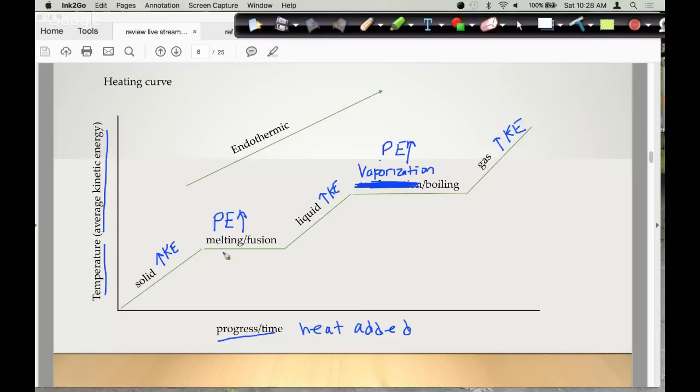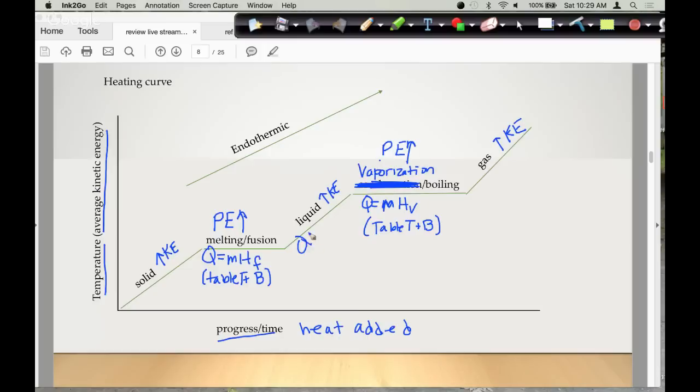Now, when we have melting or fusion, we would use the formula Q equals mHf, which we would use table T and B together for that. When we have boiling or vaporization, we would use Q equals mHv. And again, it's tables T and B that give us the information for that.